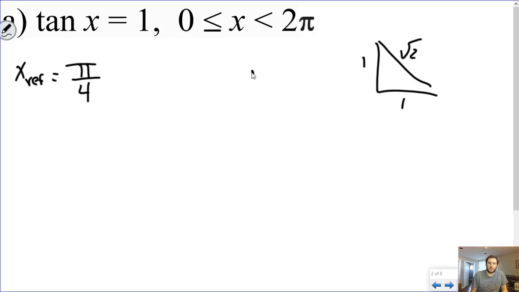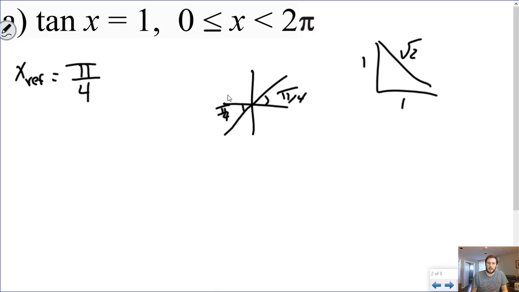Now we need to think about which quadrant we're in. Since it's a positive 1, we're going to be here in quadrant 1, and down here in quadrant 3, where this angle is pi over 4, and this angle is pi over 4 as well. Now that I know I'm in quadrant 1 and quadrant 3, I'm trying to solve for all possible answers from 0 all the way to 1 full rotation.